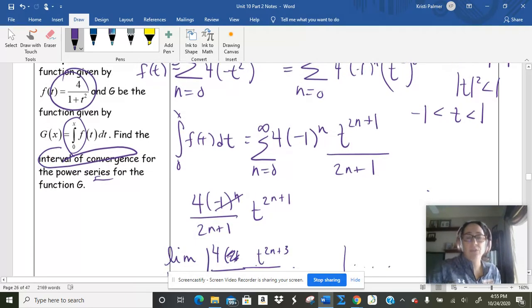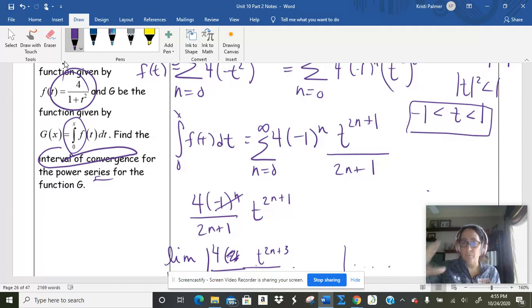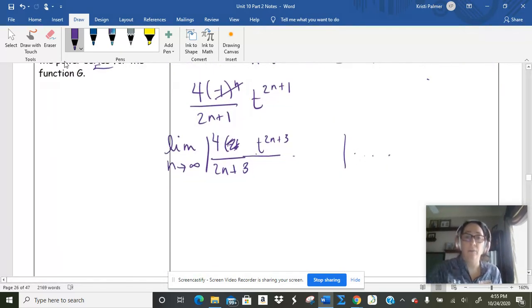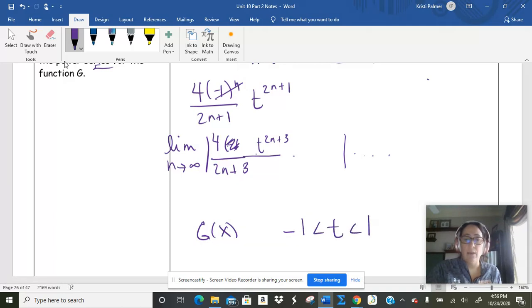And all we have to do is say that for the original f, it's going to be the same for the other part, for g of x. I know that I'm going to have from -1 to 1, it's just that the endpoints could behave differently.